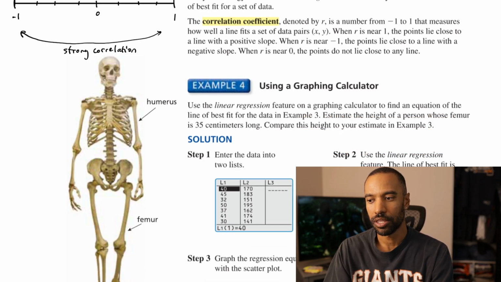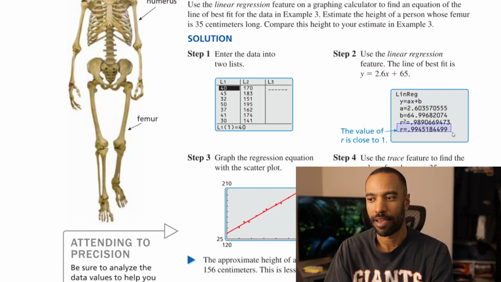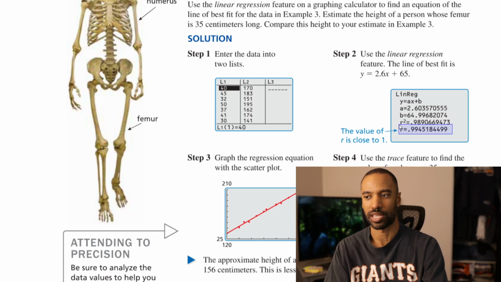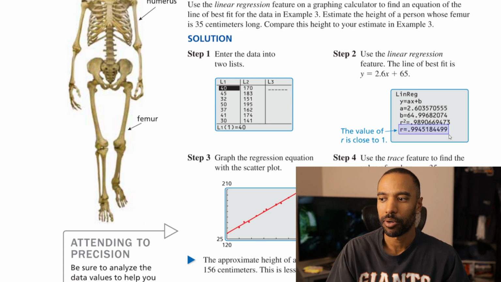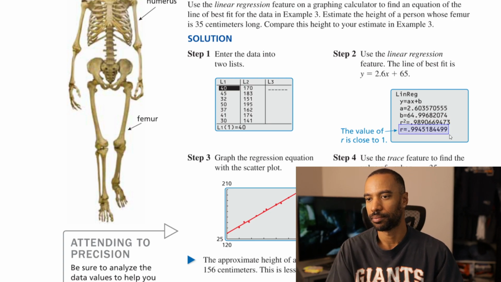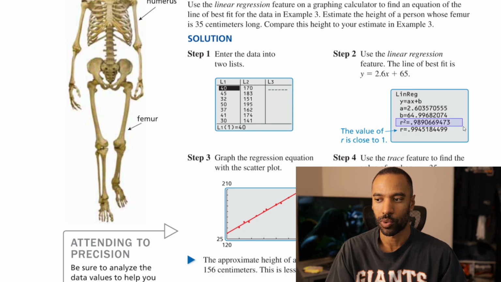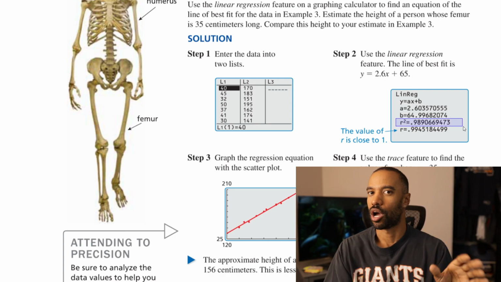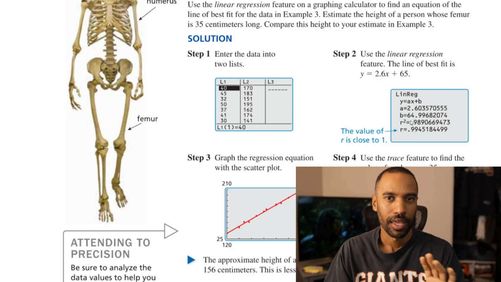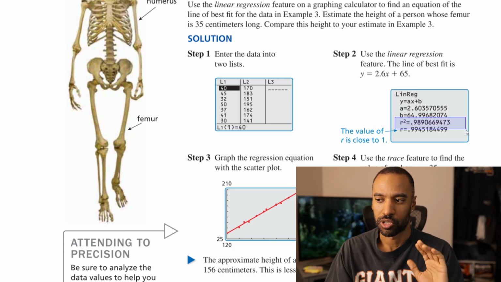Now, the only other thing I want to state here is that the R value itself is just for us to state how strong the correlation is. The number itself doesn't mean anything. R squared, however, is a number that means something. And I doubt we're going to talk about R squared, but let's say, because R squared is 0.989, that means R squared is about 0.99, right? R squared can be represented as a percentage as well.